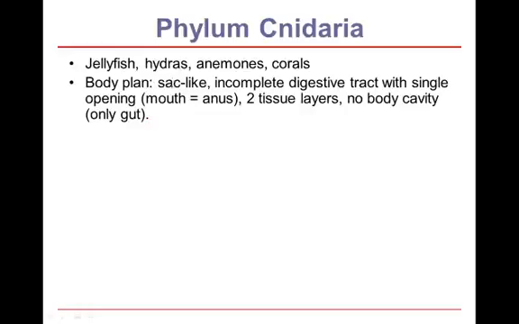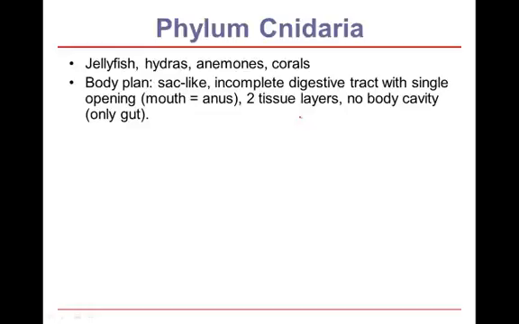They have a sac-like gut, which means they have an incomplete digestive tract. It only has one opening where the mouth is the same opening where waste comes out. And this has two tissue layers. Now, I didn't make a point of emphasizing it for the sponges, for phylum Porifera, but sponges have no tissue layers, and these guys have two tissue layers, and we would actually name these two tissue layers endoderm and ectoderm.